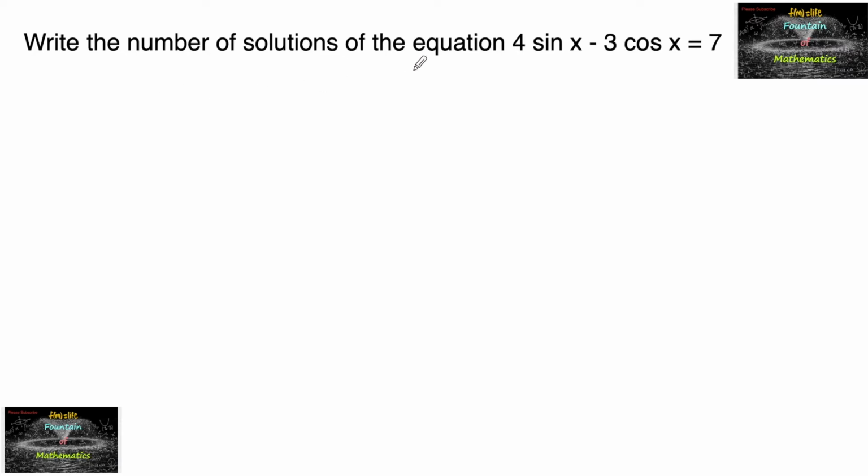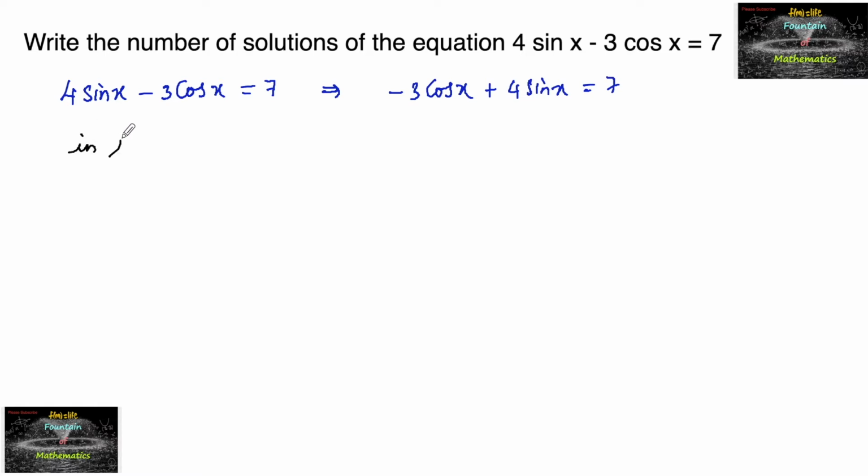Write the number of solutions of the equation 4 sin x minus 3 cos x is equal to 7. So which can also be written as minus 3 cos x plus 4 sin x is equal to 7, which is in the form of a cos theta plus b sin theta is equal to c.